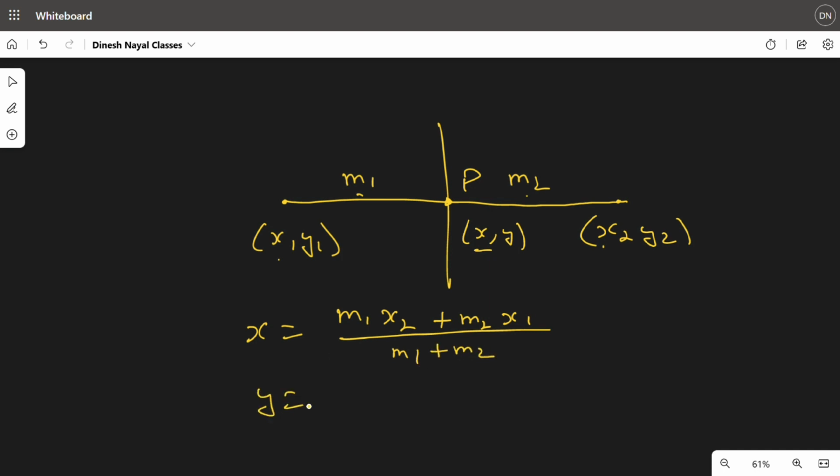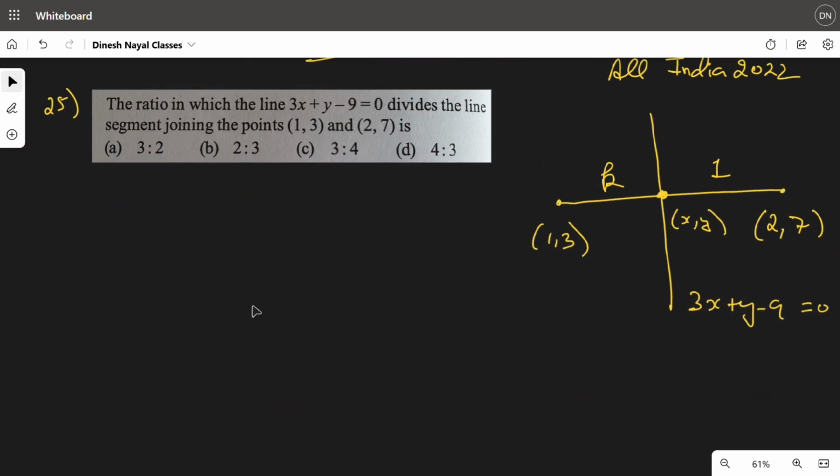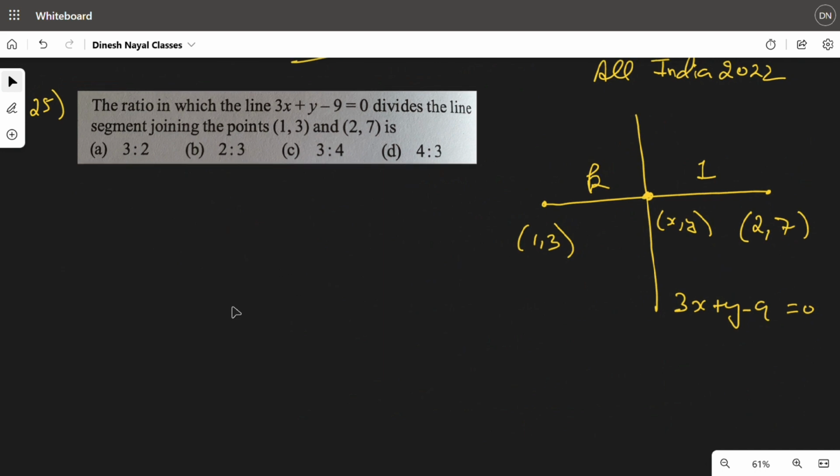Similarly for y, y will be m1 y2 plus m2 y1 upon the sum of this ratio, m1 plus m2. So that's the section formula, and the same section formula we are going to apply over here.